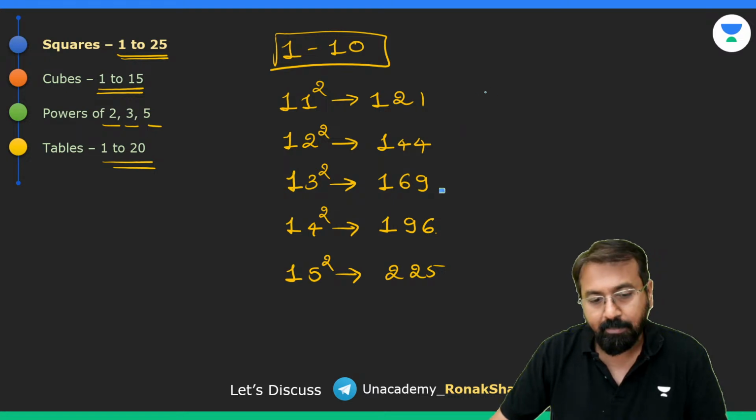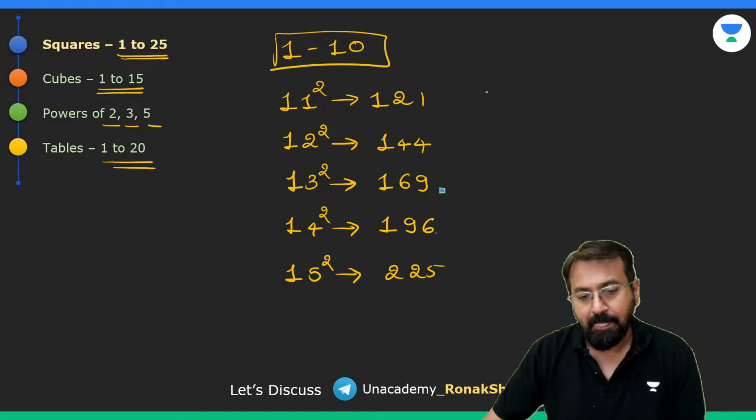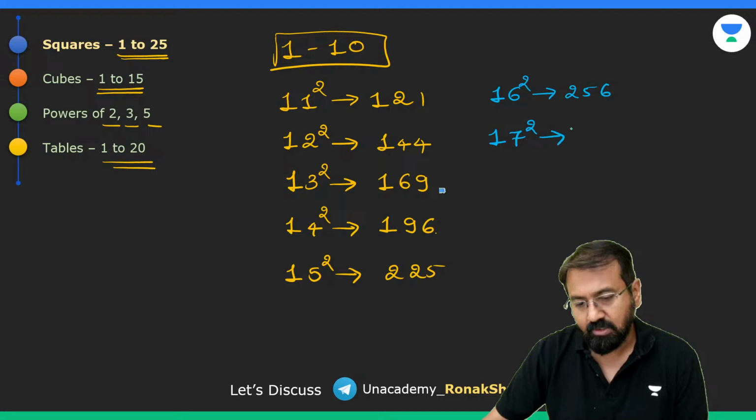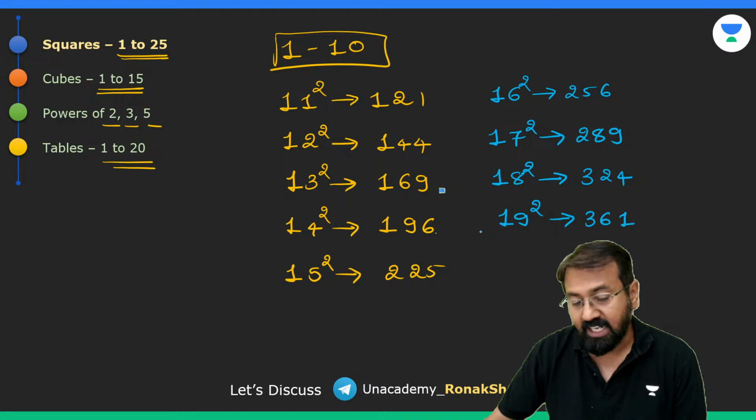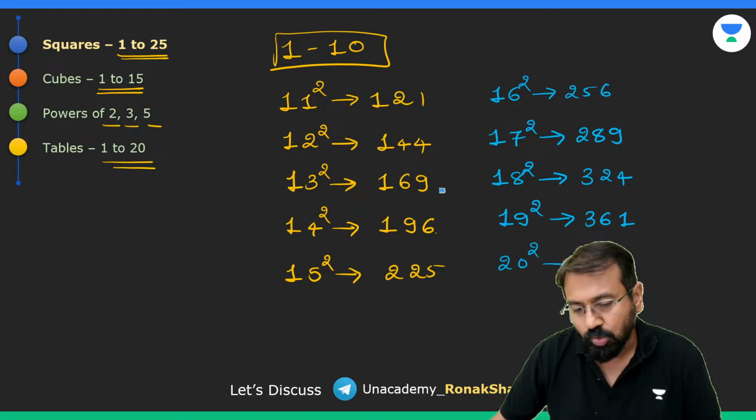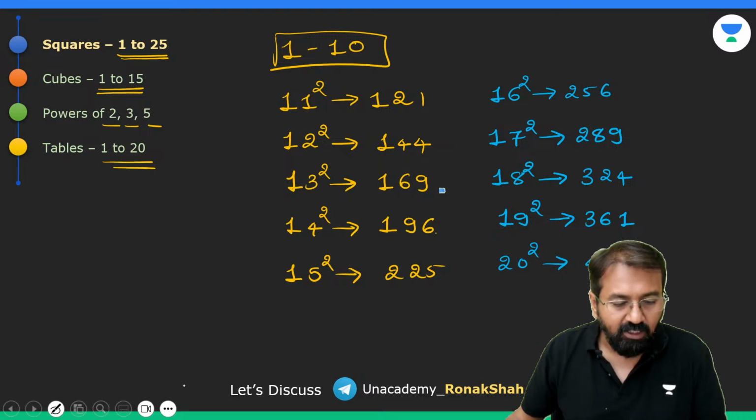Yeah, so you should ideally remember this. In case you don't remember, please do it right away. 16 square is 256. 17 square is 289. 18 square is 324. Yeah, 19 square is 361. And then I'll tell you certain interesting things about the squares. Okay, so let's quickly write it down. 20 square is 400, right? Similarly, 21 square, let me just write it over here.